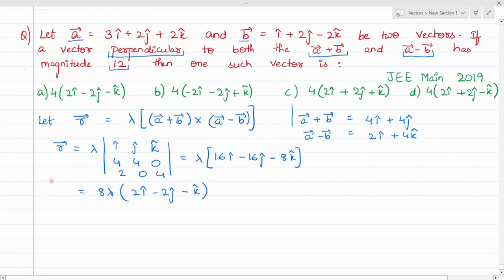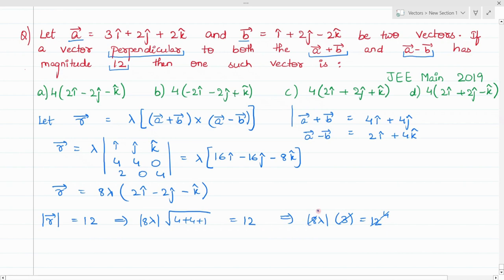Now the magnitude of r vector is given, that is 12. So here magnitude becomes magnitude of 8 lambda under root 4 plus 4 plus 1, that is given as 12. We can write it as 8 lambda into 3 equals 12, that is 3 fours are 4 twos. It becomes magnitude of lambda is 1 by 2.